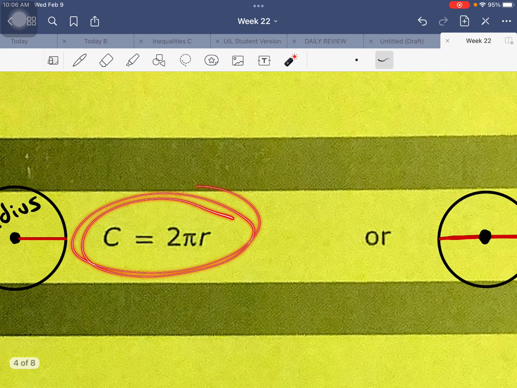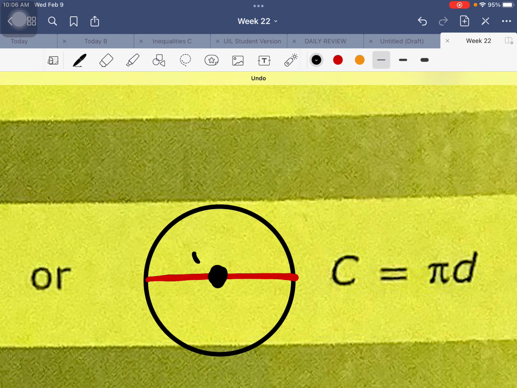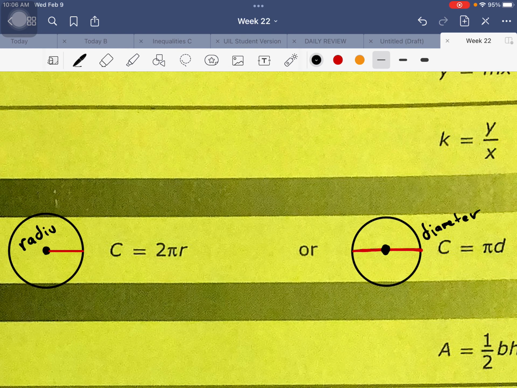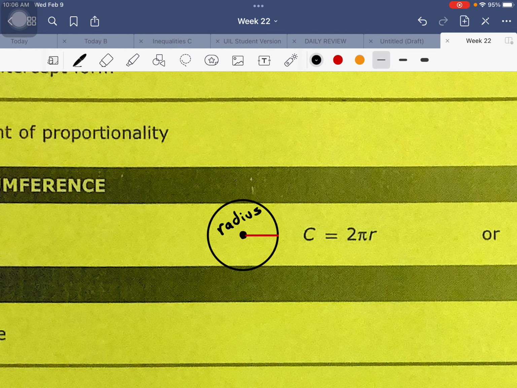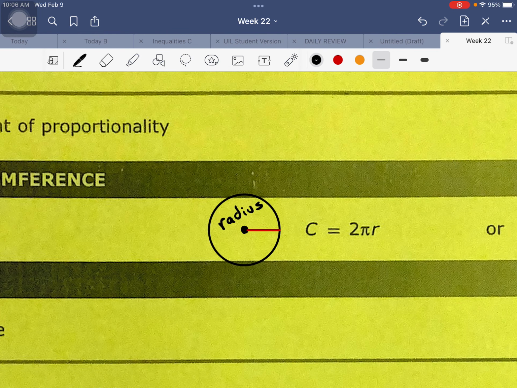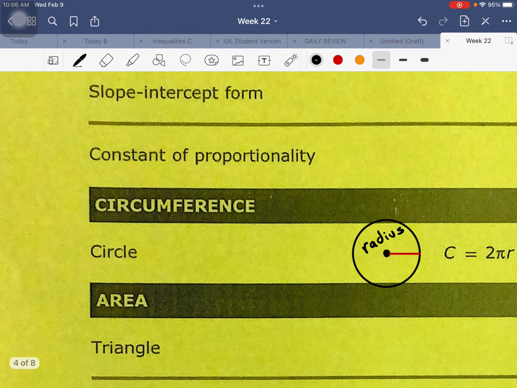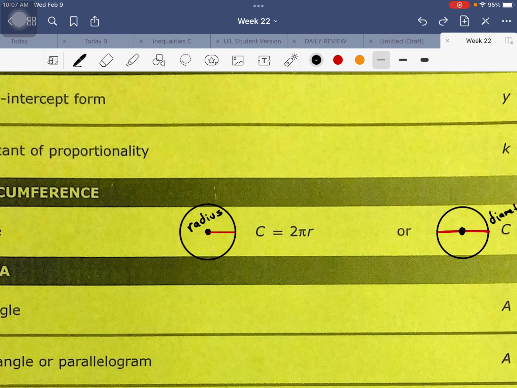If they give you diameter, this is the formula you're going to use. And they are both formulas for finding circumference. It's still the same thing. You will still get the same answer.